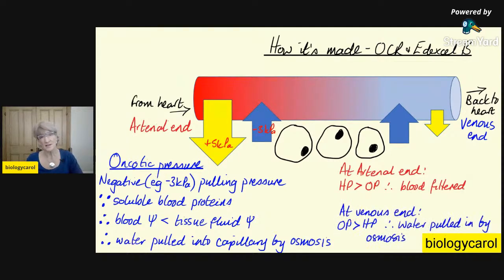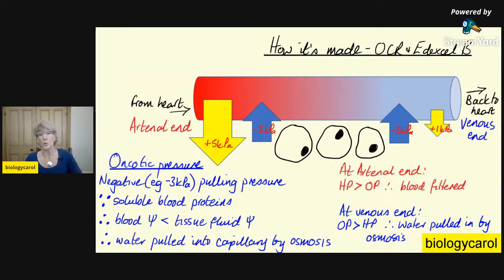And at the venous end, the oncotic pressure is greater than the hydrostatic pressure. So here we have -3 kilopascals, and this was +1 kilopascals. And therefore, overall, there is a pulling in of water. That has the greatest effect.